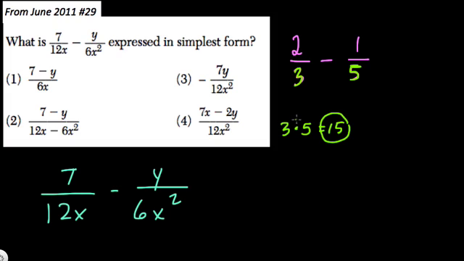This is nice because I can take the first fraction and multiply numerator and denominator by 5 over 5, which is 1, and multiply the second one by 3 over 3, or 1, because we want the same denominator.